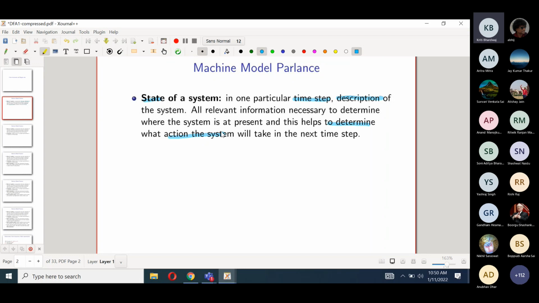This captures the progress of the computation. So one is the current status of the machine, and second is what is going to happen in the next step. All information corresponding to these two is captured in the state of a system.